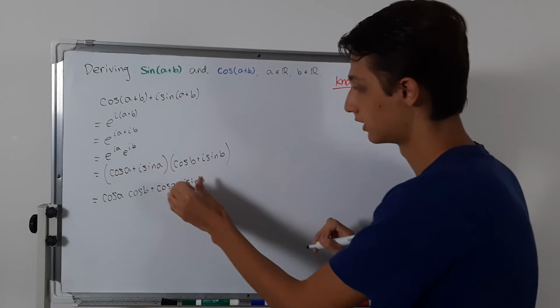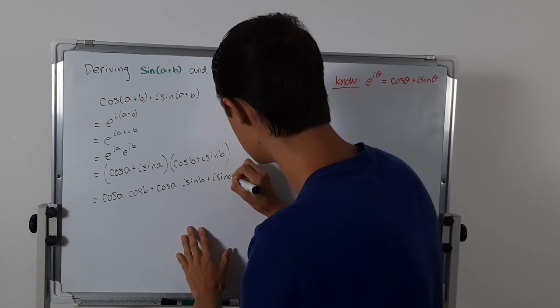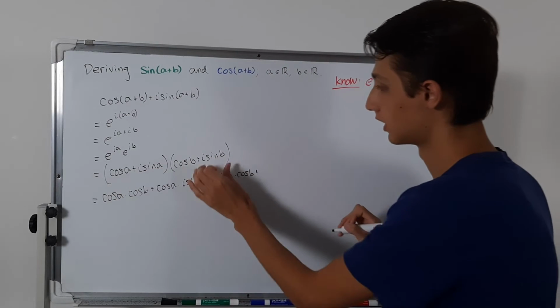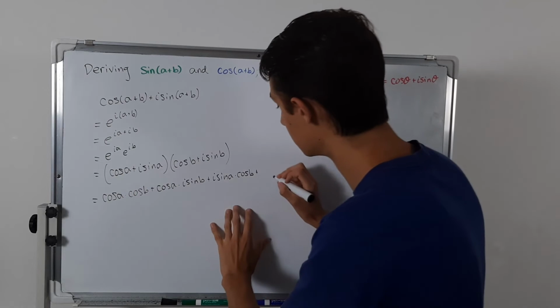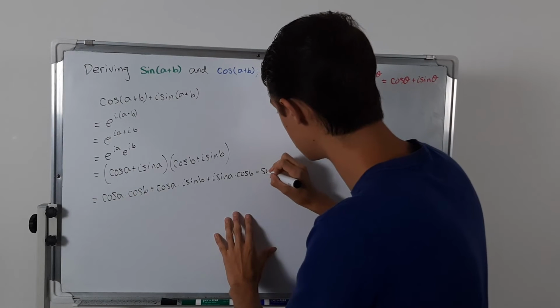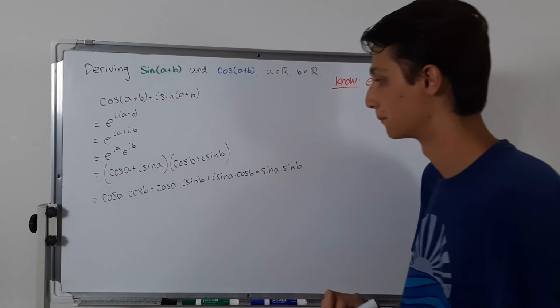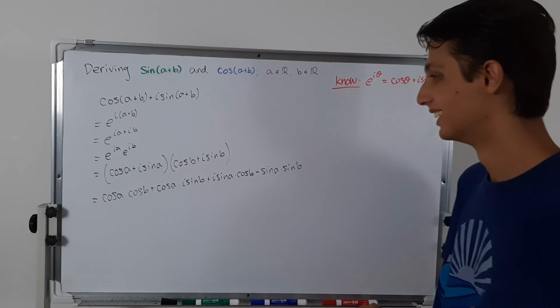And then we have i sine of a times cosine of b, so plus i sine of a times cosine of b. And then last but not least, i sine of a times i sine of b. This i times i is negative 1, so we're going to change this to a minus sine of a times sine of b.